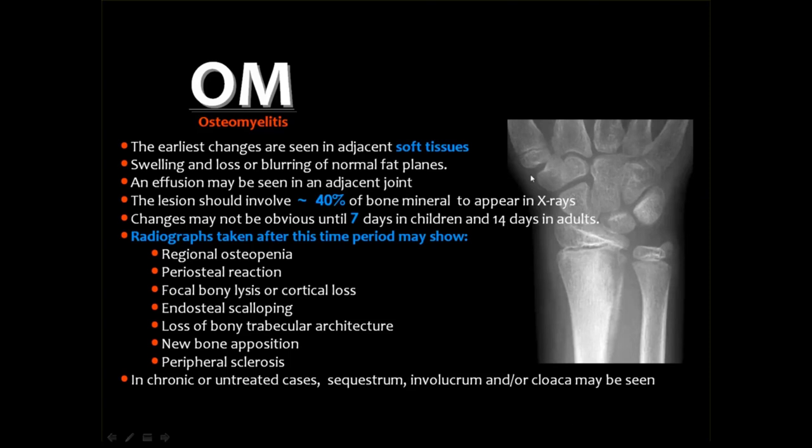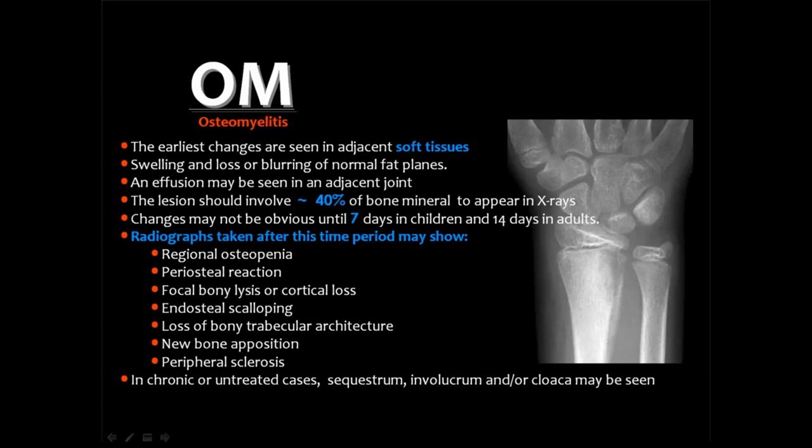The earliest sign of acute osteomyelitis is the changes in the soft tissues adjacent to the affected bone, which may become swollen, and sometimes you may notice blurring of the fat planes around the bone or near the affected joint. And because most of the inflammatory changes are near the joint in the epiphysis or the metaphysis, you may have a joint effusion of the nearby joint.